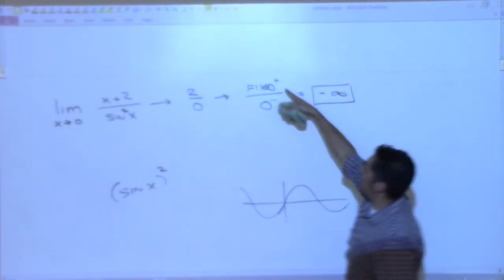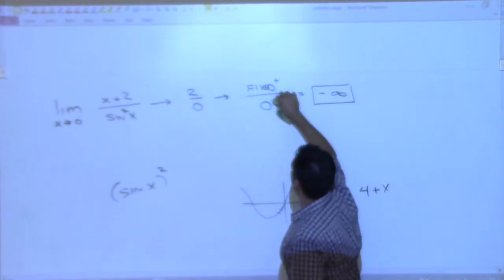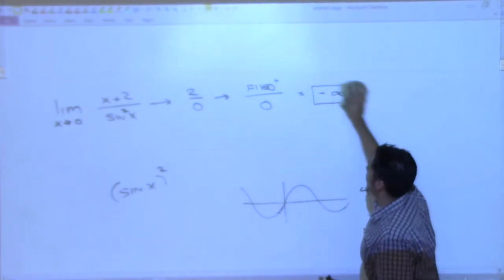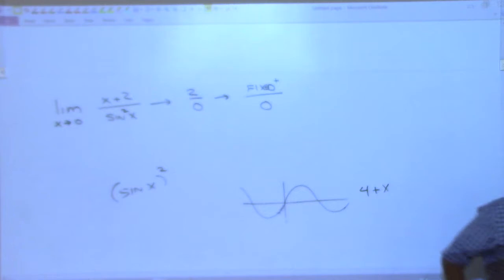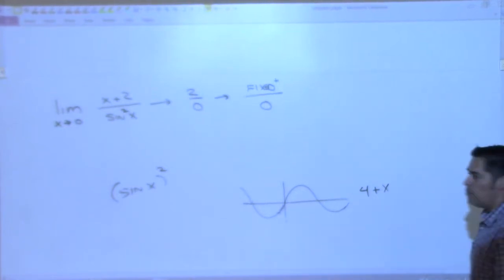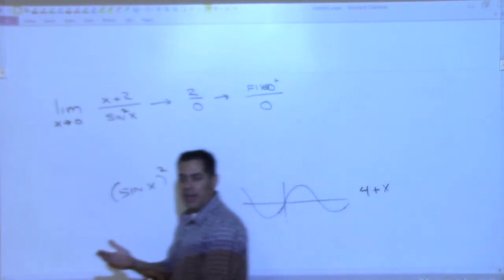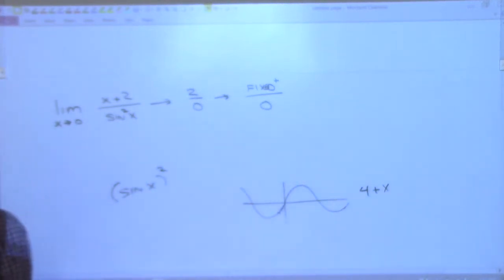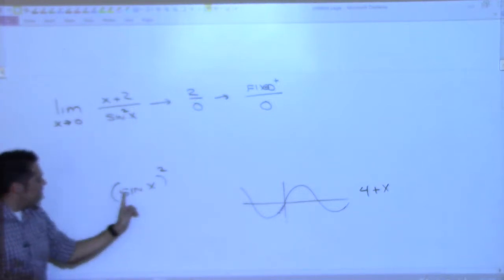So we have fixed on top. 2 is positive. Now the bottom. Do we have to actually do any work? We know the bottom's headed towards 0, don't we? And we've been saying we've got to figure out if it's positive or negative. Can you tell me without doing any work whether or not it's positive or negative? Why is it positive? Because it's squared. Look, we know this is headed to 0.